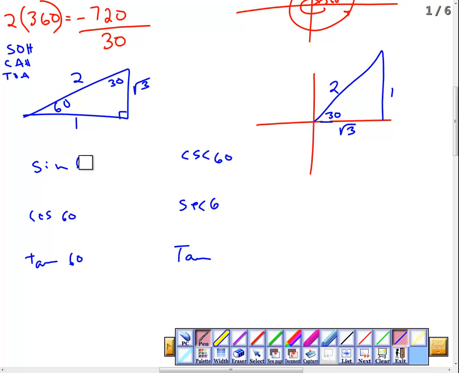Oh, this is 30. Okay. Dylan, what would be the sine for 30 degrees?